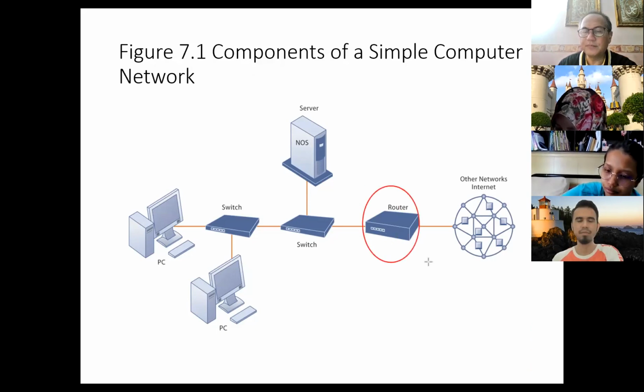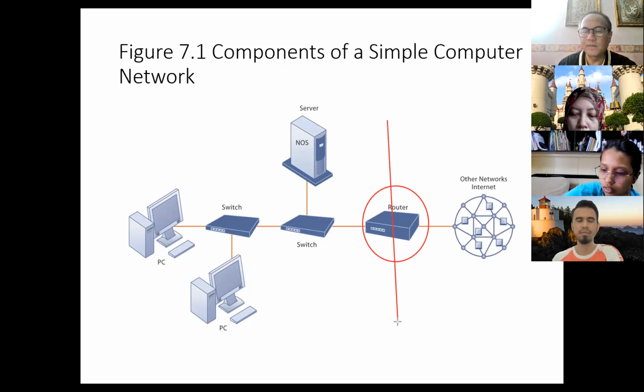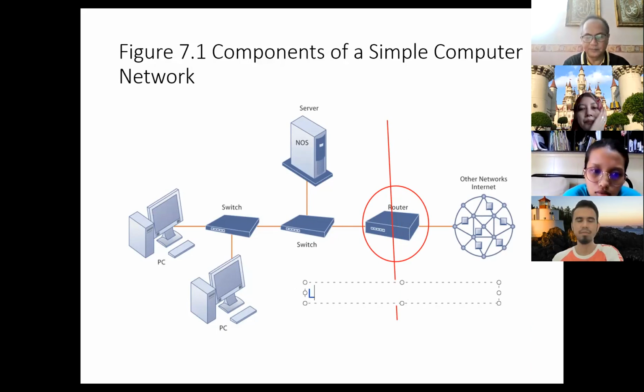So, routers. Routers are, we can draw a line here. We can draw a line here. So this is the system, this is your local area network. This is the internet.